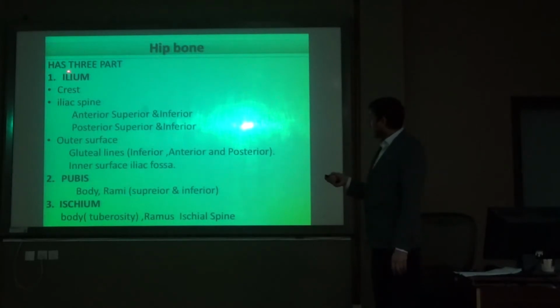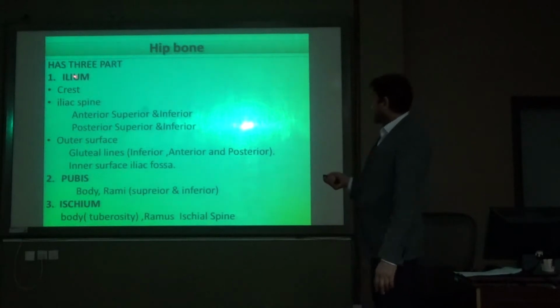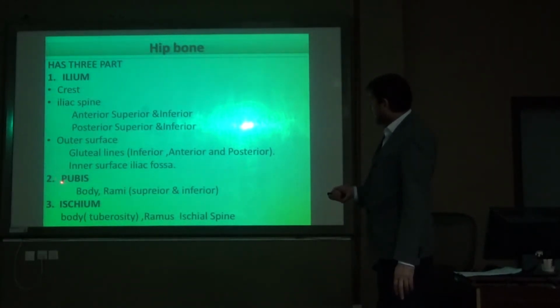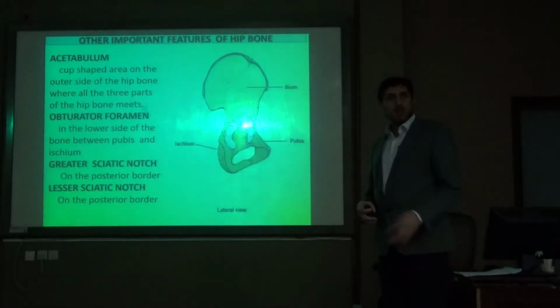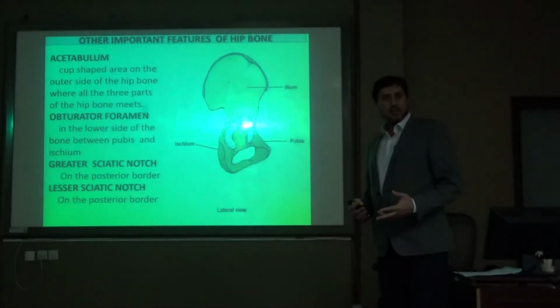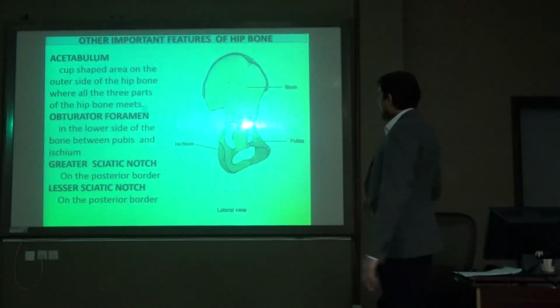Not ilium with the E. If you put an E, then it is small intestine. So be careful. This is very sensitive. Ilium. And then pubis. What is this one? I think in second year you have already studied this one. The pelvic. I gave you the lecture, I think, on perineum or something.